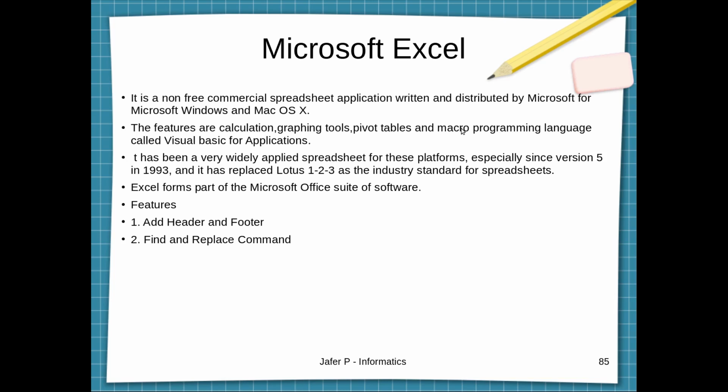Suppose I want to replace this macro with micro. How do I do it? There is a find and replace option, right? You can go for the menu called Edit. Under the Edit menu, there is a submenu called Find, and when you write macro, it will find the word macro, right?